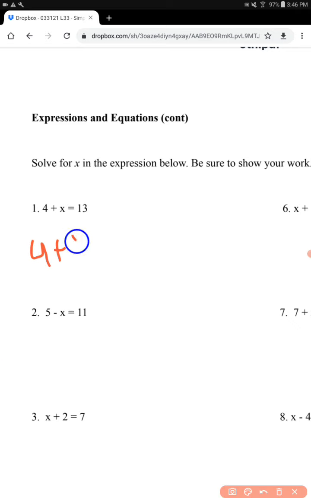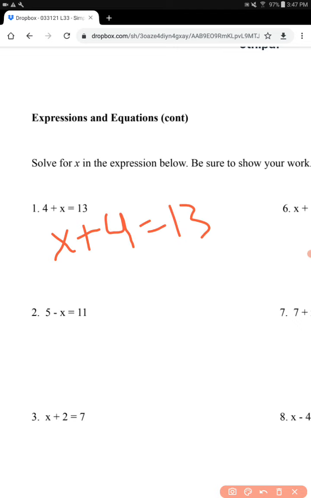4 plus x equals 13. And when you're solving these problems, you want to get x by itself in order to find what x is. So we want to get rid of this 4 right here. So what's the opposite? Well, first of all, let's rephrase this. I'm just gonna rewrite this a little so it's a little easier to understand. x plus 4 equals 13.